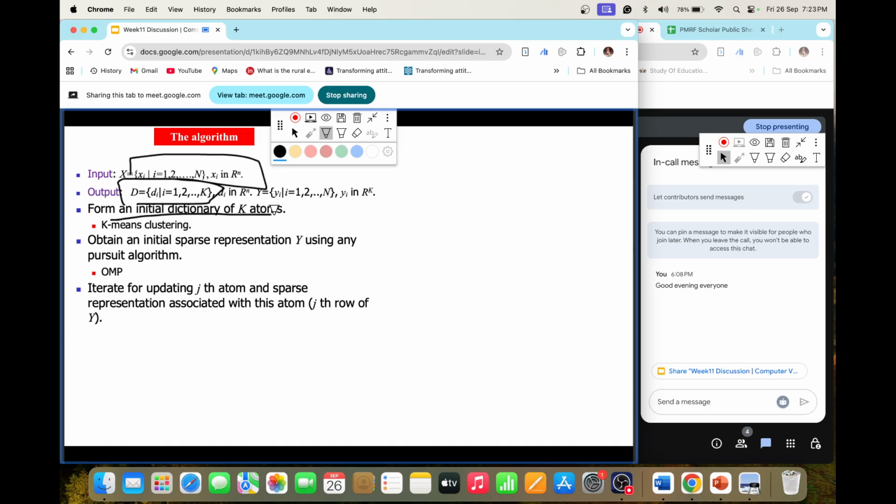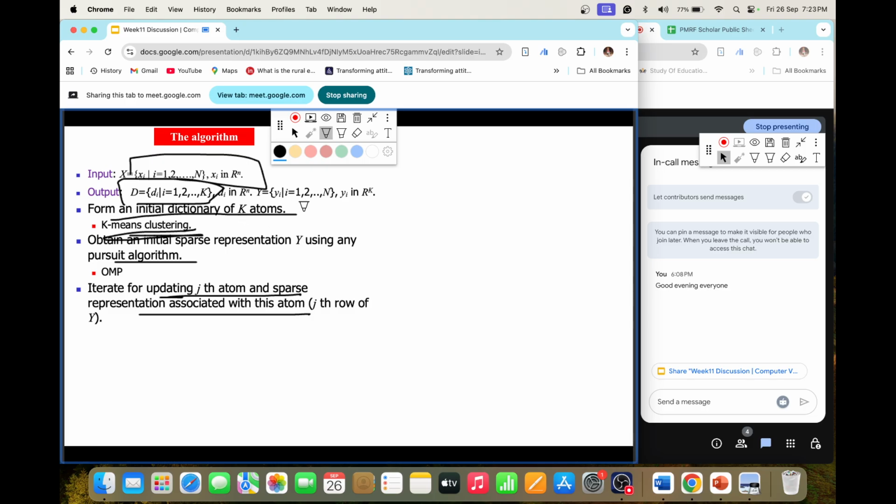First we find an initial dictionary of k atoms by k-means clustering. Once we have it, we again perform the pursuit algorithm to get the best possible atoms out of the dictionary, and then iterate, updating the atoms and the sparse representation associated with them.